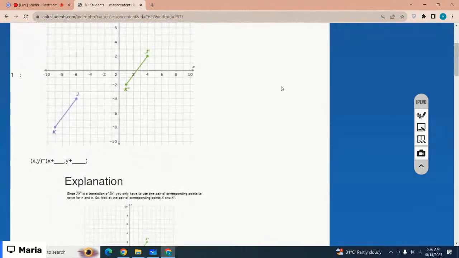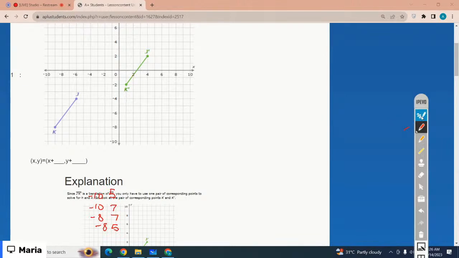You have to see how many points they move down and how many left, right? How many left? One, two, three, four, five, six, seven. 7 points left. No, not seven. Eight, nine, 10 left, right? It would be x plus negative 10 because you move 10 left.